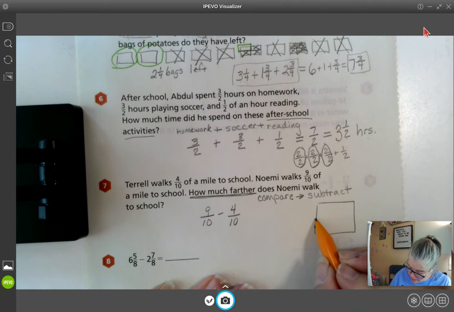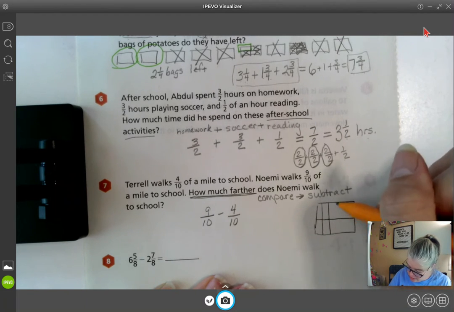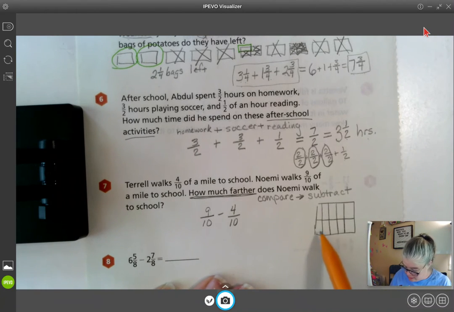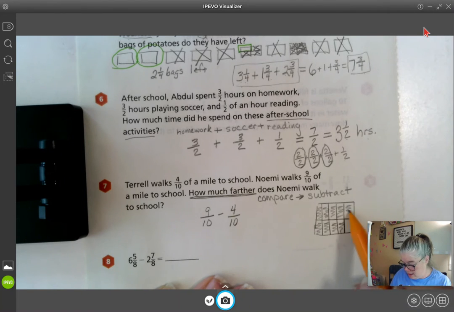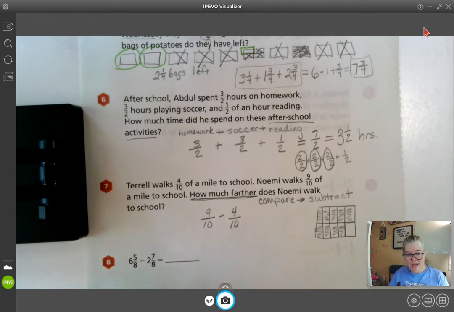Take a rectangle, split it in 10 pieces. There, it's in 10 pieces. So I'm coloring in 9/10, 1/10, 2/10, 3/10, 4/10, 5/10, 6/10, 7/10, 8/10, 9/10. And I need to take away 4/10.